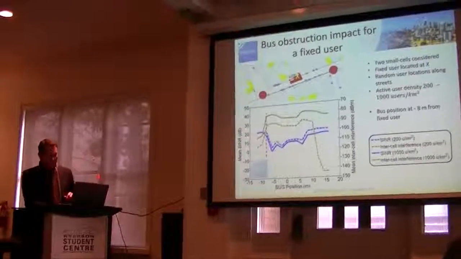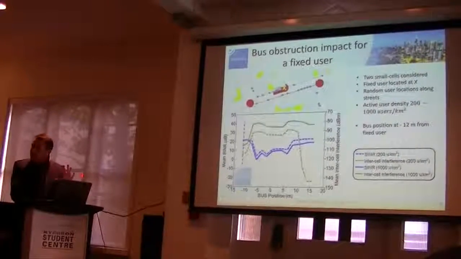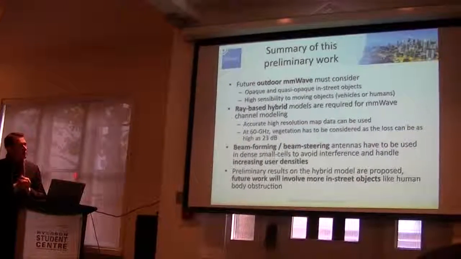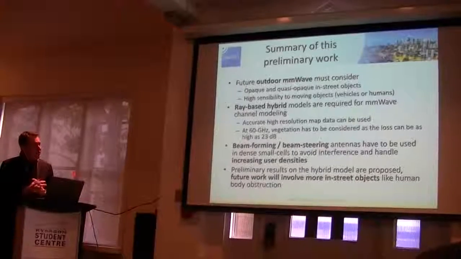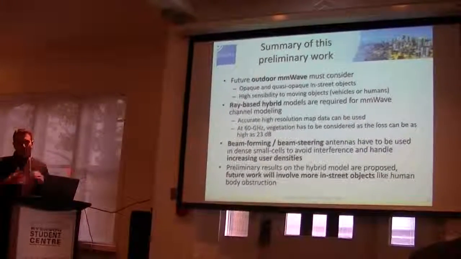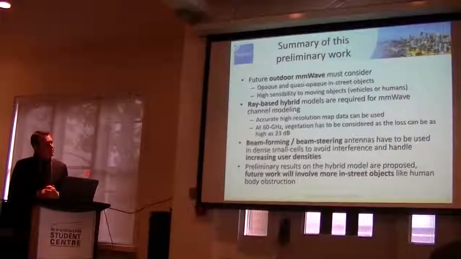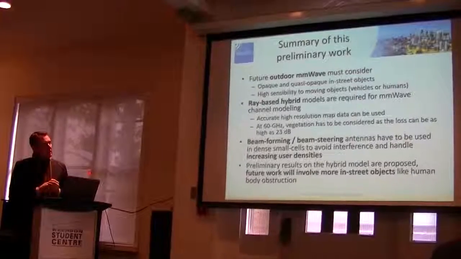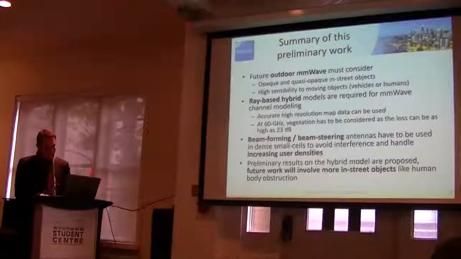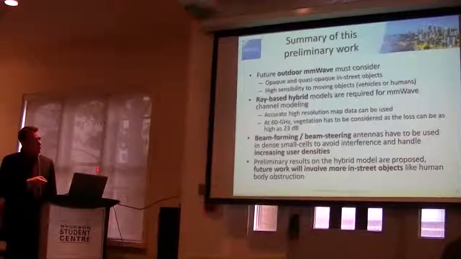You see that's very preliminary stuff, but the bases are here to try to understand a little bit more the in-street objects and how opaque and obstructive they are for the channel, and obviously the movement of those vehicles that could also occur in the channel.